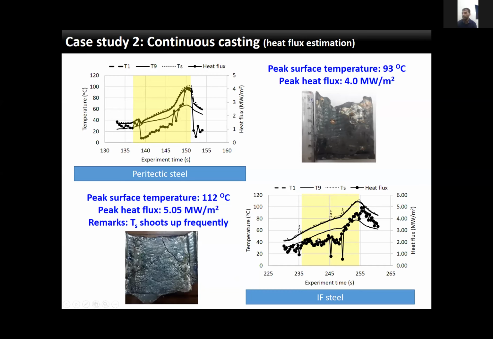There is a shoot up of temperature, and there is a shoot up of heat flux. So by understanding in this way, we can conclude that there is a problem with the IF steel and the IF flux we used, either in the selection of flux and steel or in the operational parameters. So in this way, I can conclude that in a holistic way, you can optimize the casting process using this physical model technique. I think this is the last slide for me.